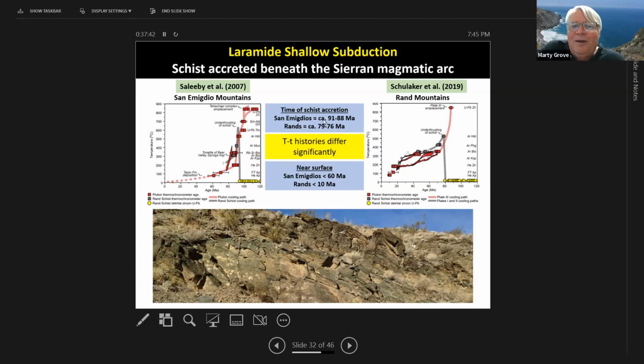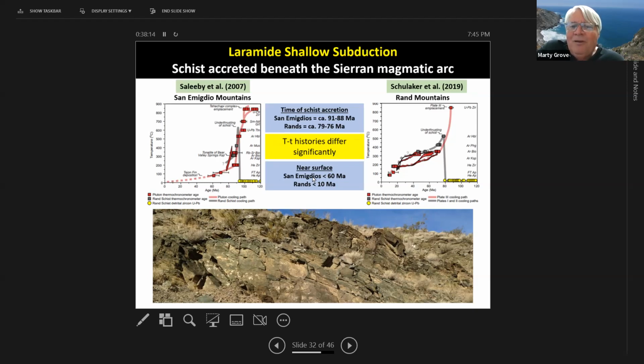In the San Emigdios, the schist is accreted sometime between 91 to 88 million years. In the Rands, it's somewhere between 79 to 76. The San Emigdios are basically approaching the surface and have deposition of marine sediments of early Eocene age and potentially even late Pliocene age in the Tehachapi area.